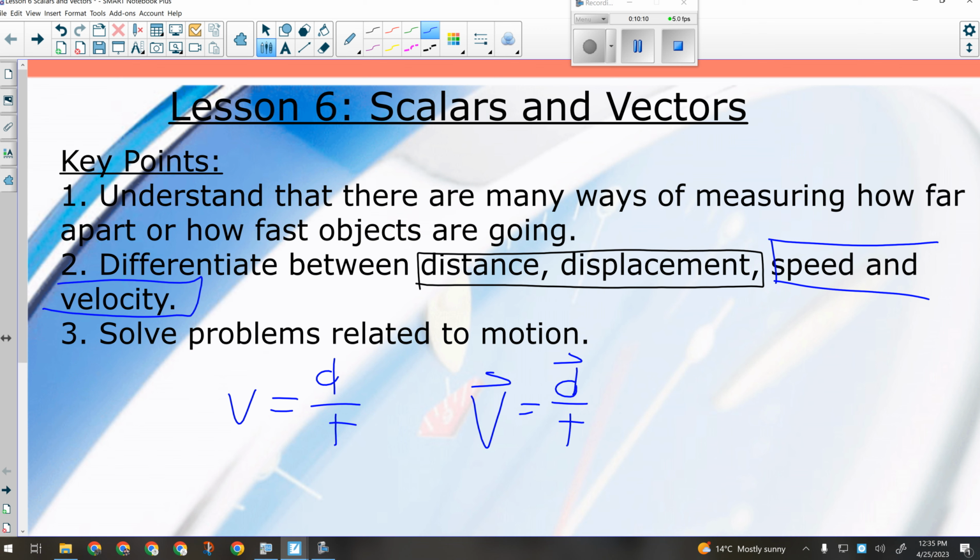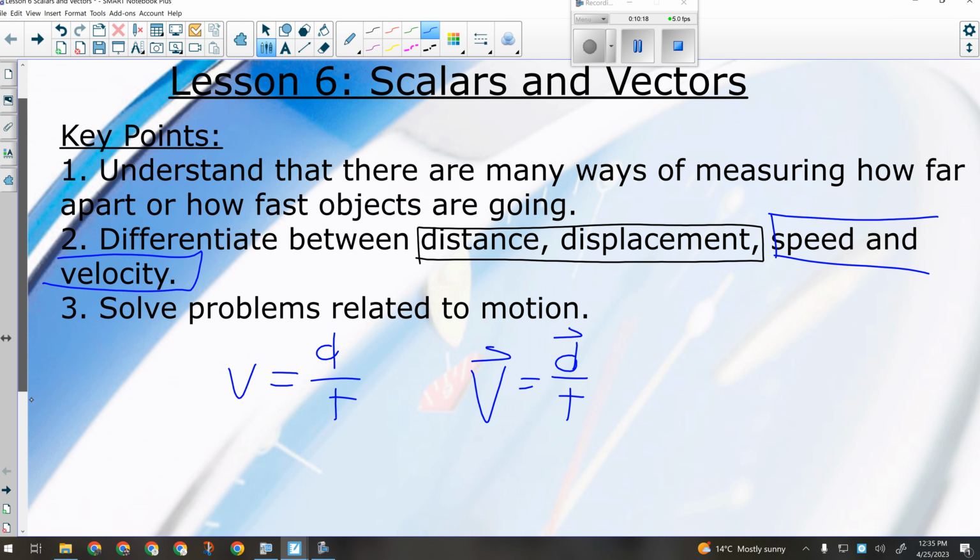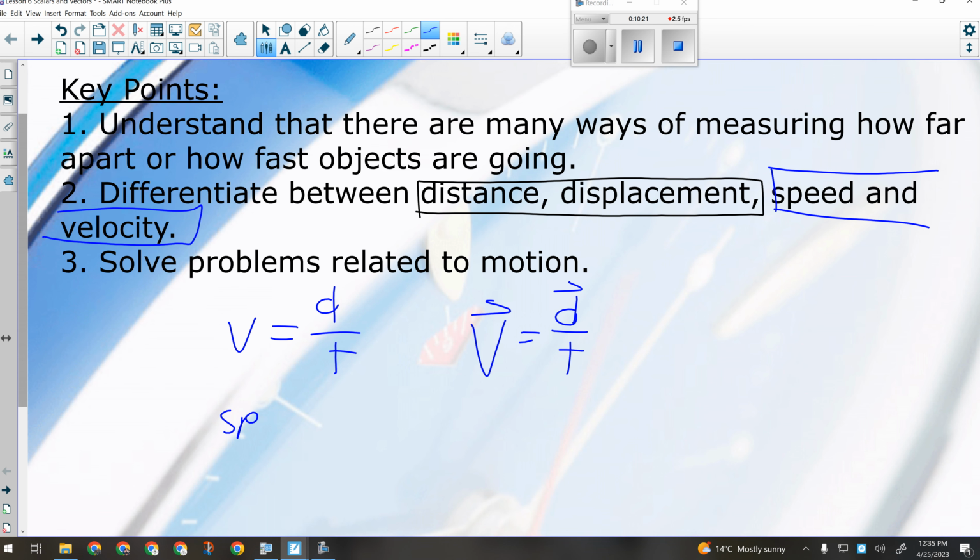And no, I am not crazy. Those are different formulas. This formula says that speed is distance over time.